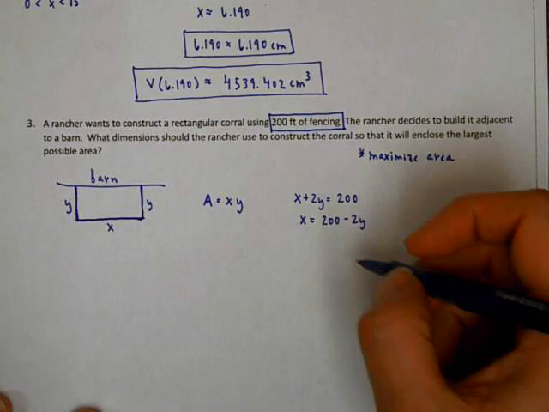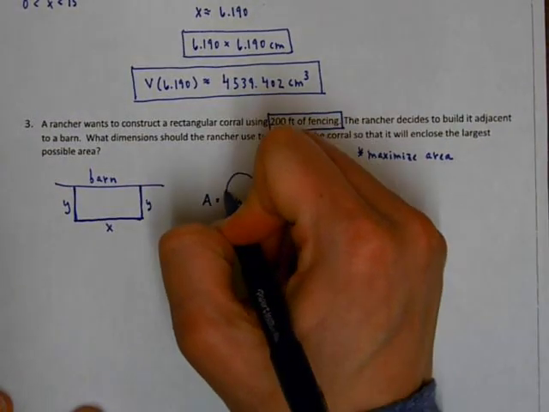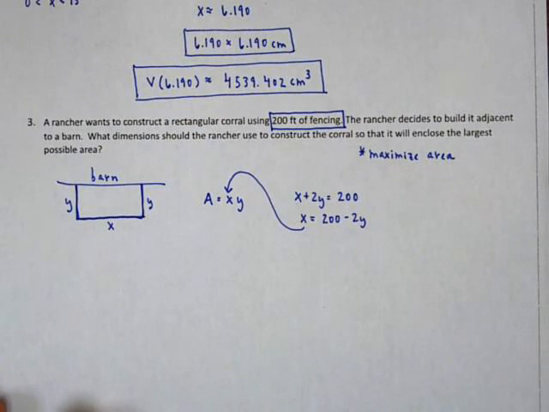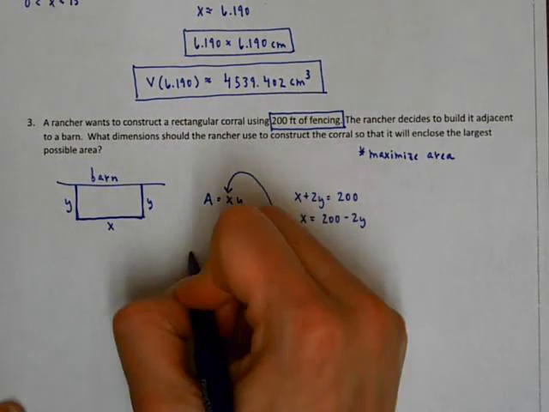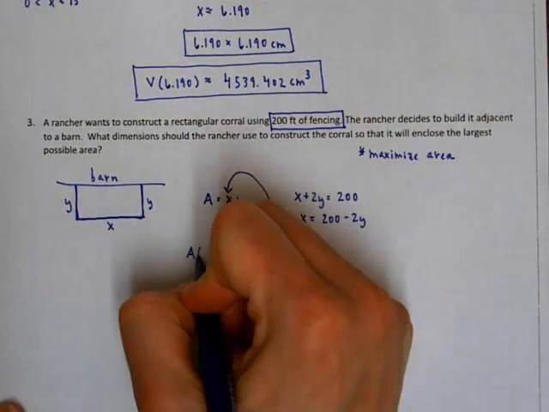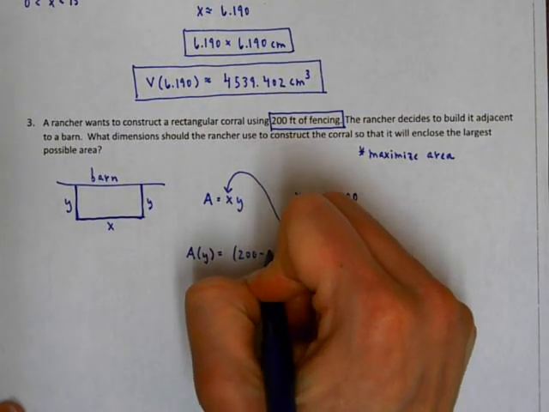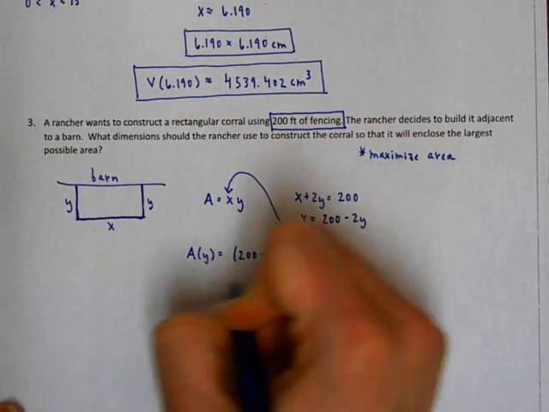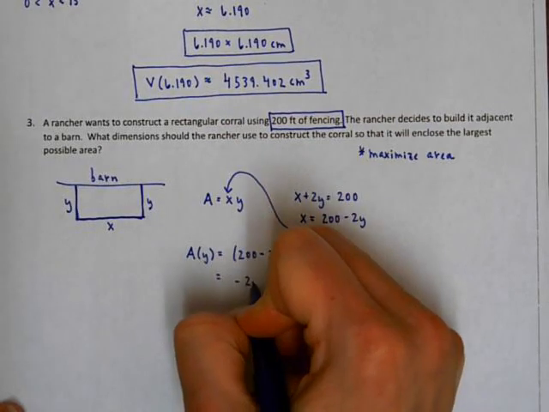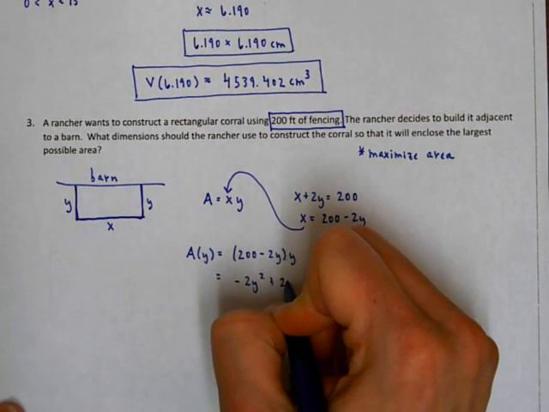So now I can go ahead and substitute that back in, so I just get this in terms of one variable. So now I'm going to have my area in terms of y is 200 minus 2y times y, or negative 2y squared plus 200y.